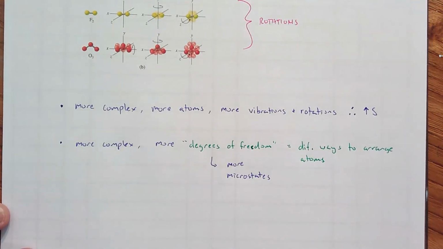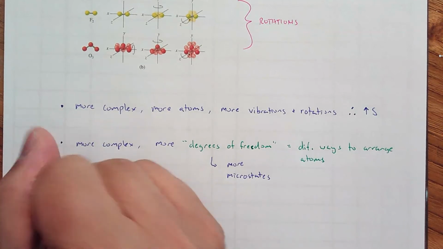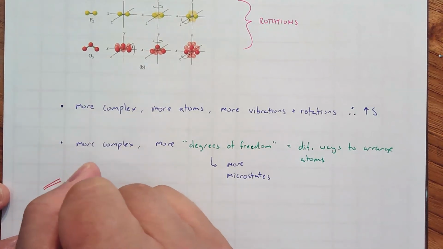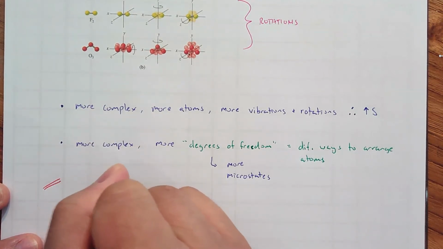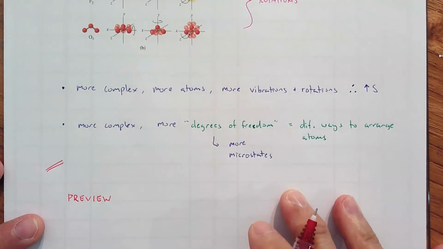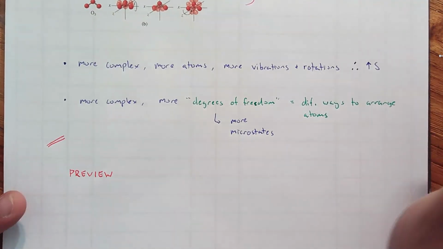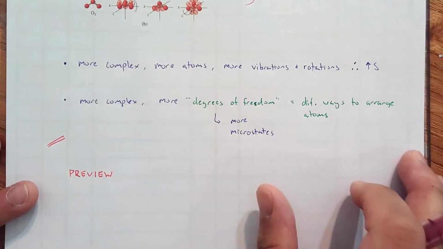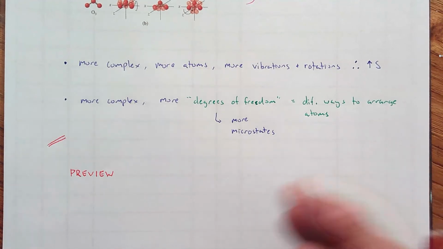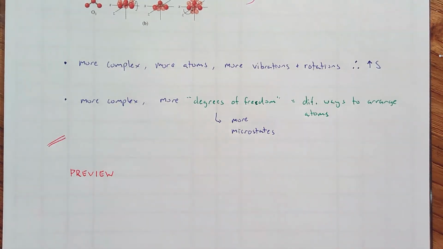That's it for this video. Let me leave you with one preview statement. Because in the next couple of videos, we are moving away from comparing individual molecules to each other. We're going to start looking at change of entropy in reactions.